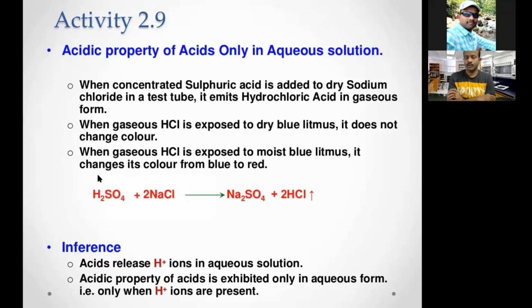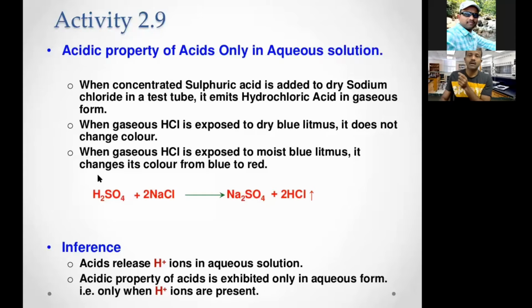To perform that activity, we are taking H2SO4. To this, you are adding NaCl salt. Then what will happen? HCl gas fumes evolve from that test tube. And these HCl gases, first we have to dry.